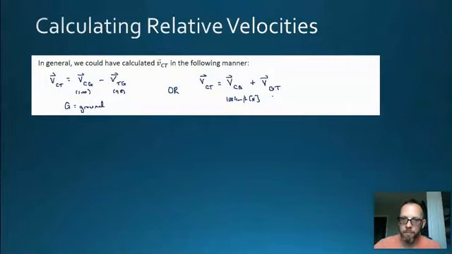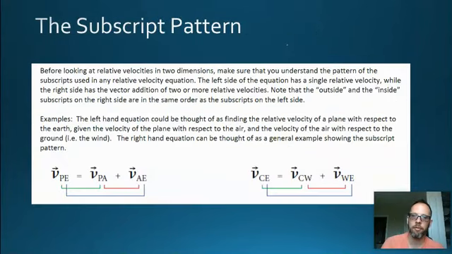So according to the truck, the ground is passing underneath the truck at 90 kilometers per hour, but the ground is moving to the south. And if you were to add those two vectors together, you do get 10 kilometers per hour north. You get the same answer. But this second form, this chain of subscripts, can help you more easily set up problems.